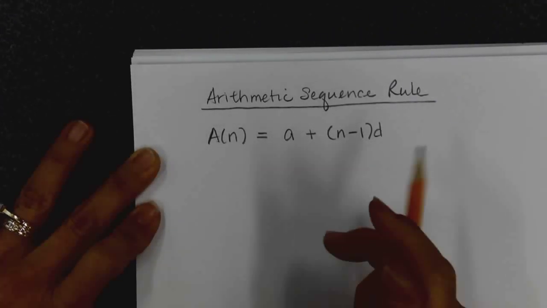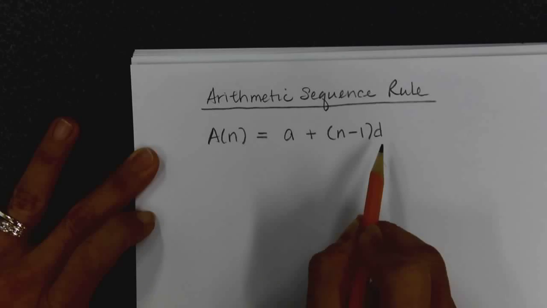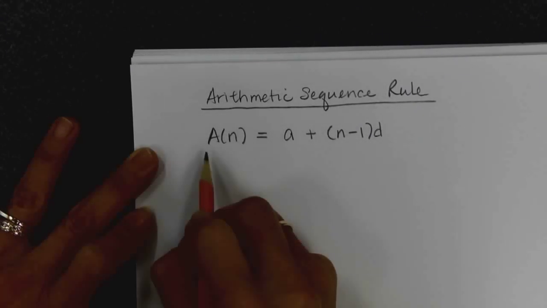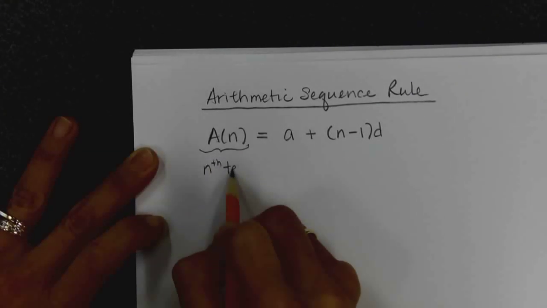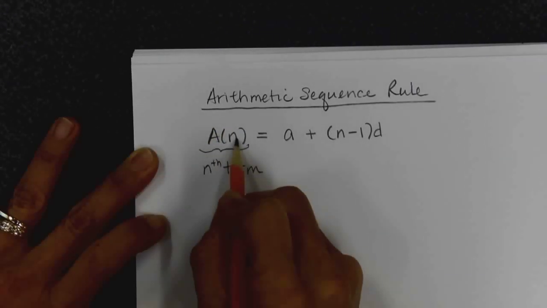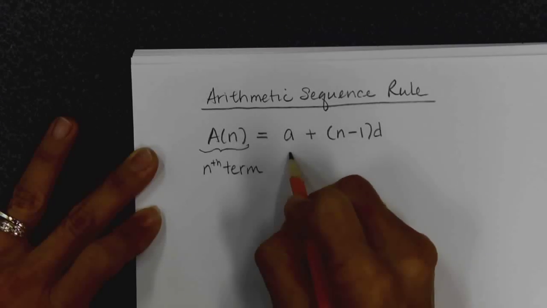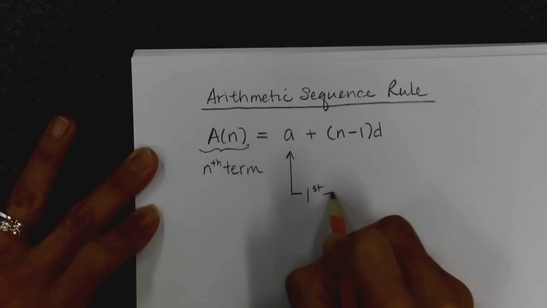From a sequence like 2, 4, 6, 8, you should be able to write a function rule that fits that pattern. In this equation, a of n is called the nth term. If I'm looking for the fifth term, I will put n equals 5, and this would be the fifth term. A stands for your first term of the pattern.